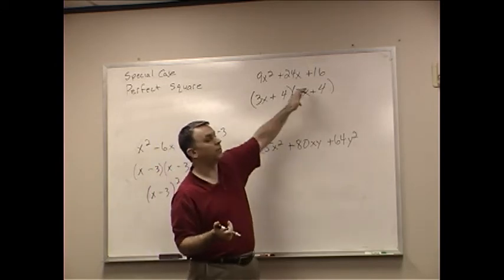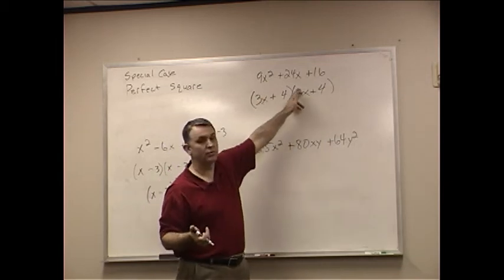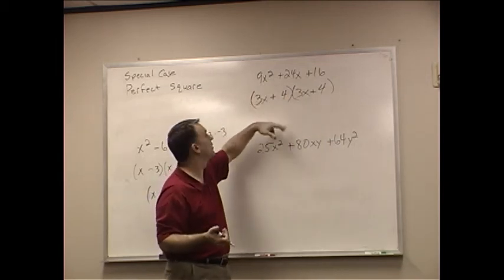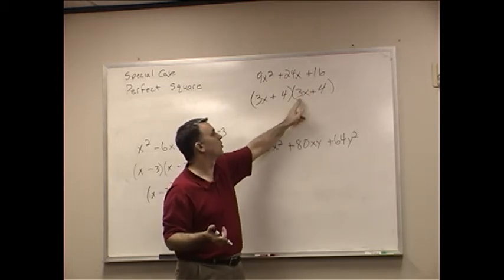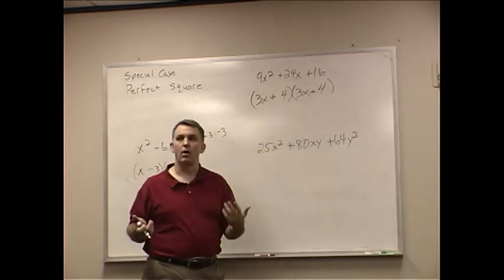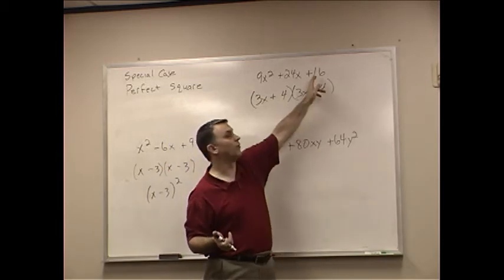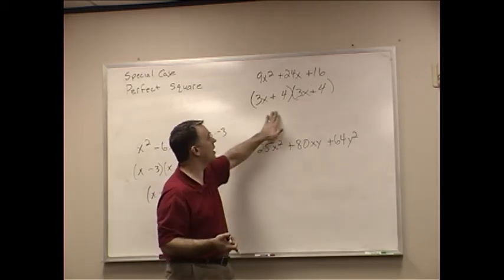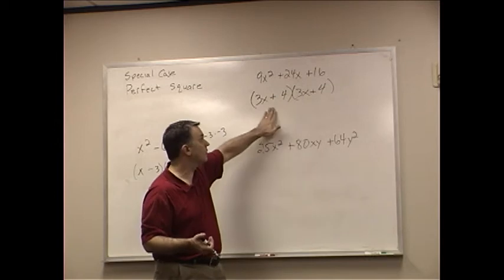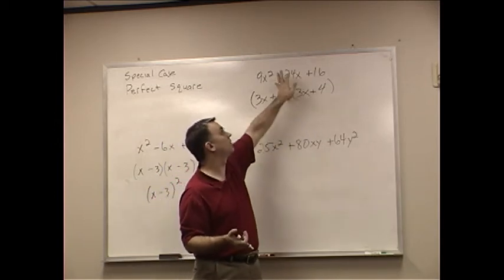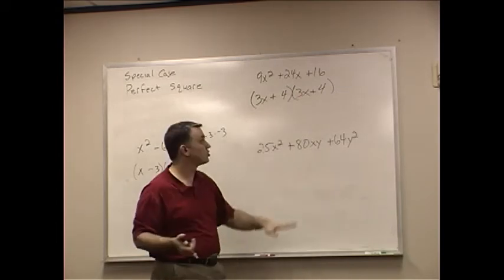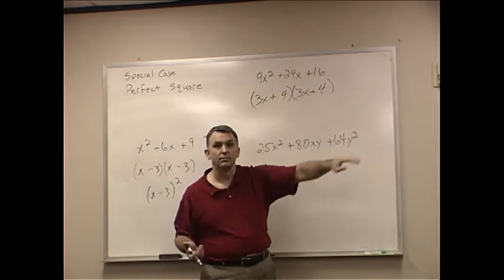Now, let's multiply this out. 3x times 3x, 9x to the second. 3x times 4, 12x. 4 times 3x, 12x. 4 times 4, 16. Now, I didn't write it down, but we had a 12x and a 12x, didn't we? 12x and 12x, 24x, it's a match. That's how you factor that.